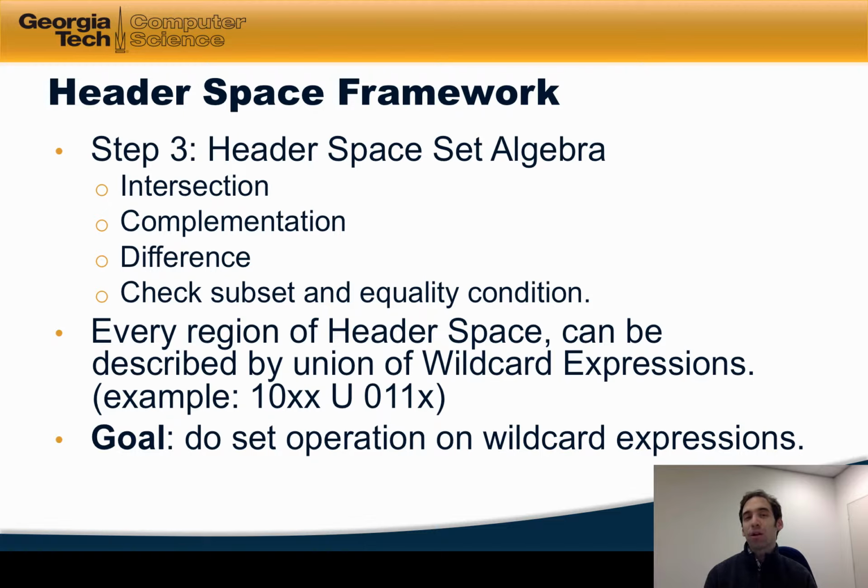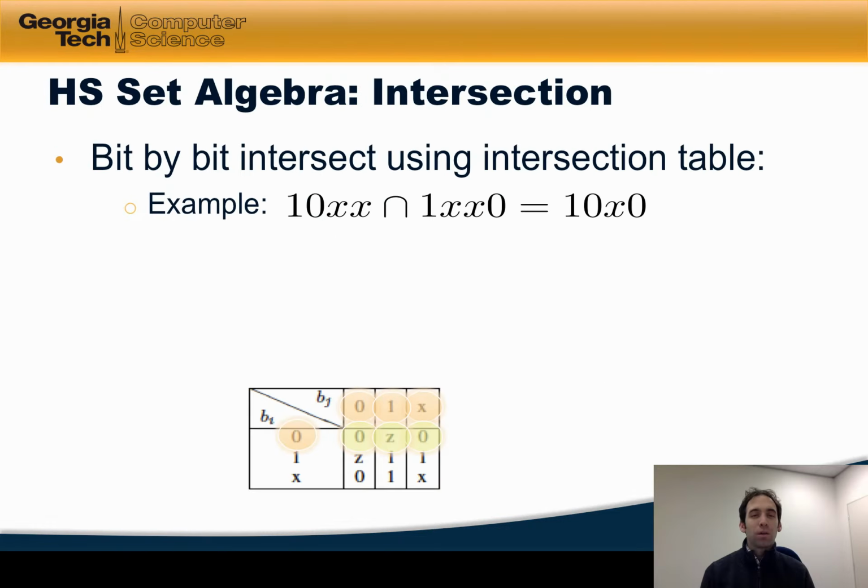If we can do that, then given any set of input packets, we can then apply a set of transfer functions to determine what might possibly happen to any particular packet or set of packets as it traverses the data plane. Applying the logic in the table shown below allows us to apply this bit-by-bit intersection.